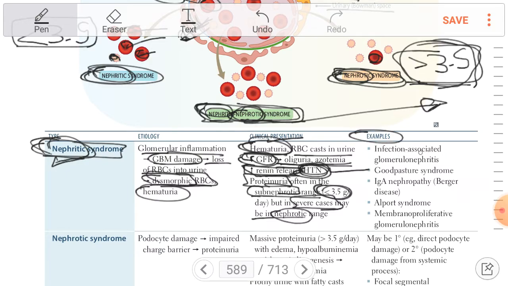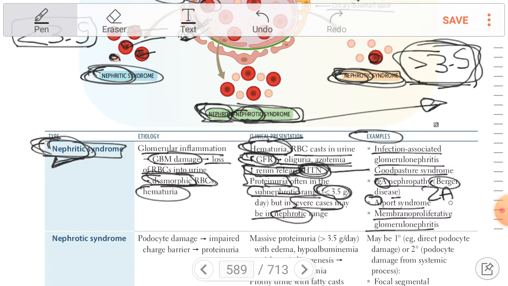So we have what? Infection associated glomerulonephritis. We have IgA. In nephritic syndrome we have Alport syndrome, and we have immunoglobulin A nephropathy, which is called the Berger disease. Then we have Goodpasture syndrome, and we have membranoproliferative glomerulonephritis.